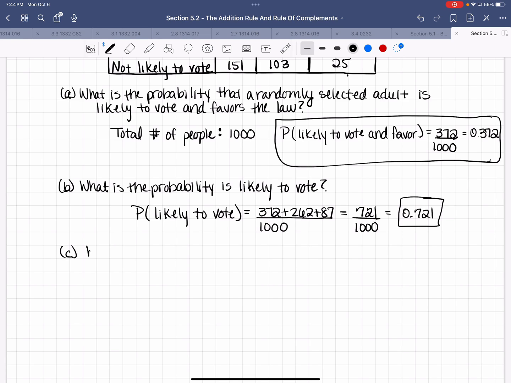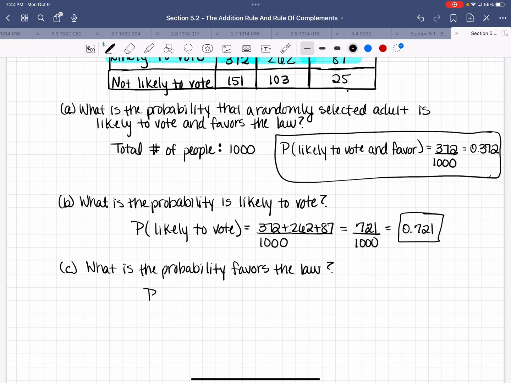C says, what is the probability that a randomly selected adult favors the law? Okay, so the probability of favors.